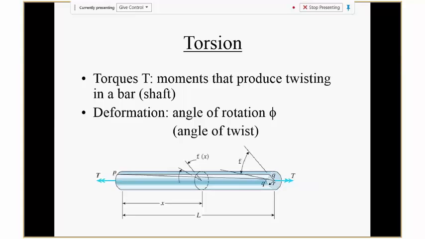The load will be torque T. For a torque, we use a double arrow to label it, or you can use a curved arrow, the same as you learned in statics. You can use a curved arrow to show a moment, or a double arrow to show a moment. Our task for now is that I know I'm applying a torque T. This is known, a load. Now, how much rotation am I going to generate in this bar? That is the task.